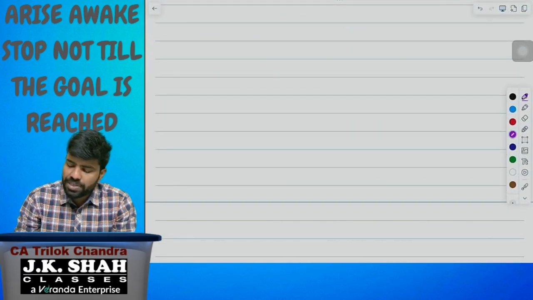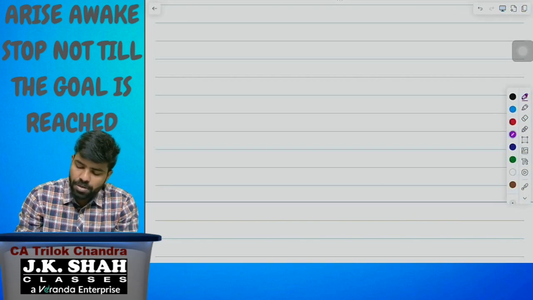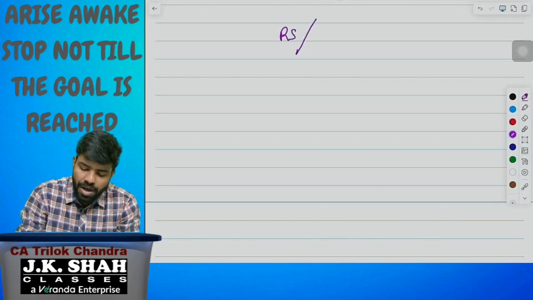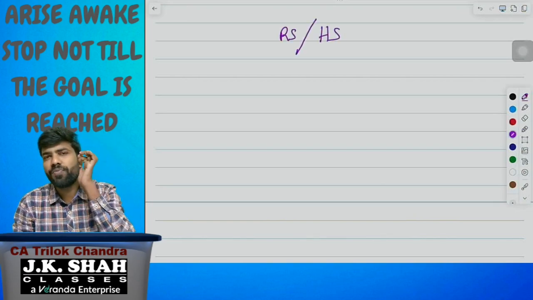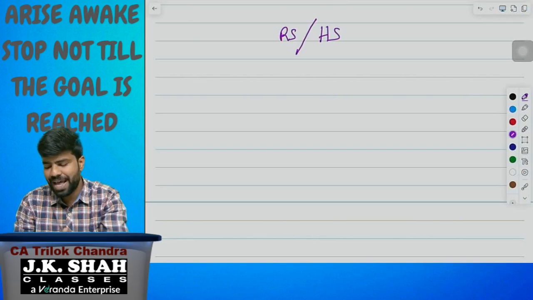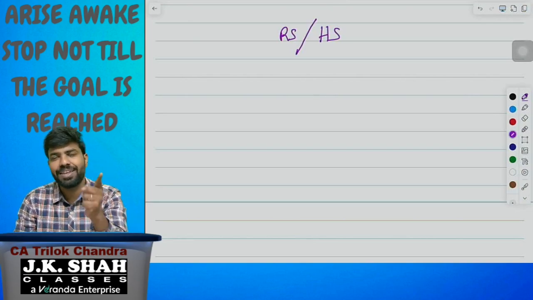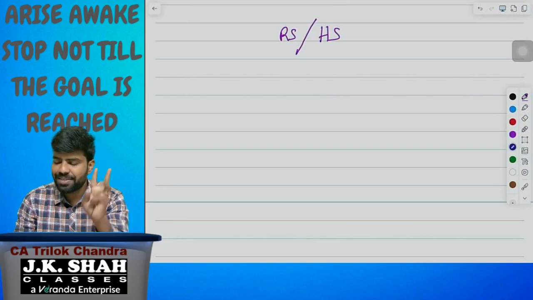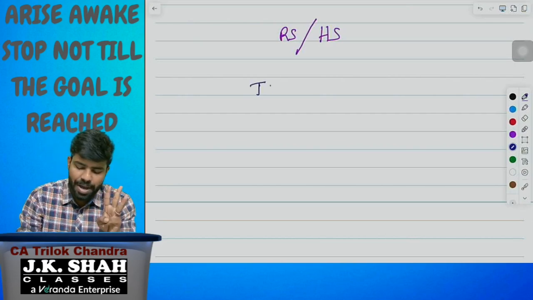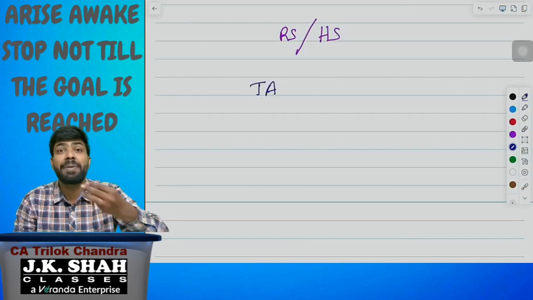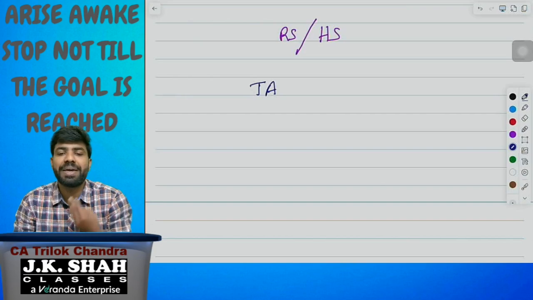Whenever you find a question based on Rowan scheme or Halsey scheme, the first thing you need to calculate is three factors: number one, time allowed, which is the time permitted by the management.